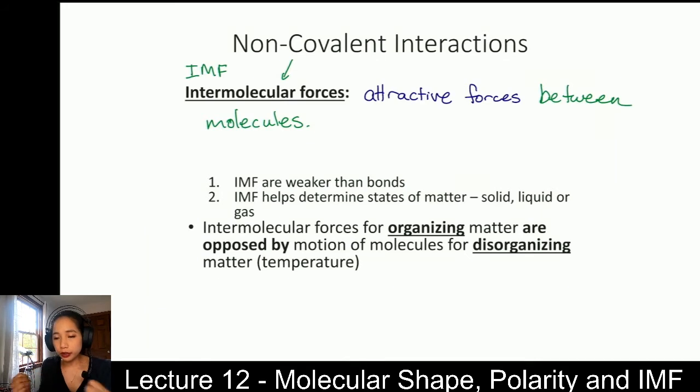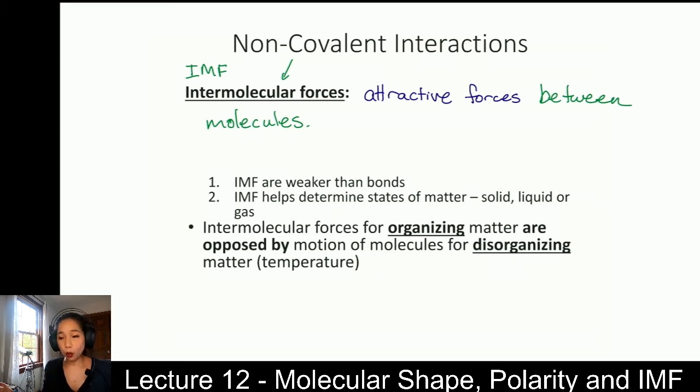With temperature, molecules are moving, and if at a certain temperature there's enough energy to surpass intermolecular forces, then you won't have a solid or a liquid sample. You might have a gaseous sample. That's what I mean by this last point.